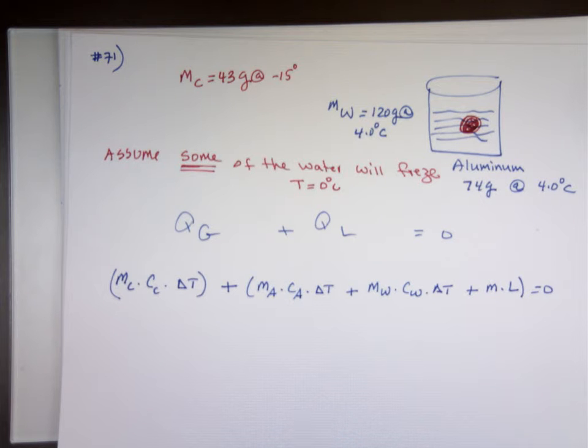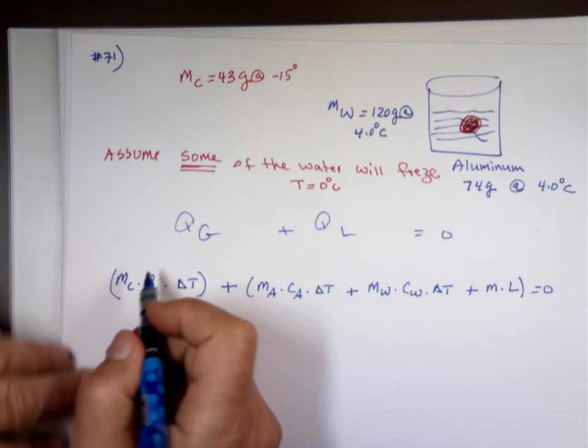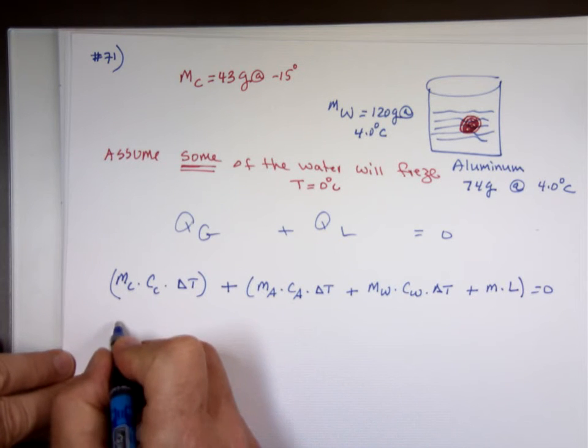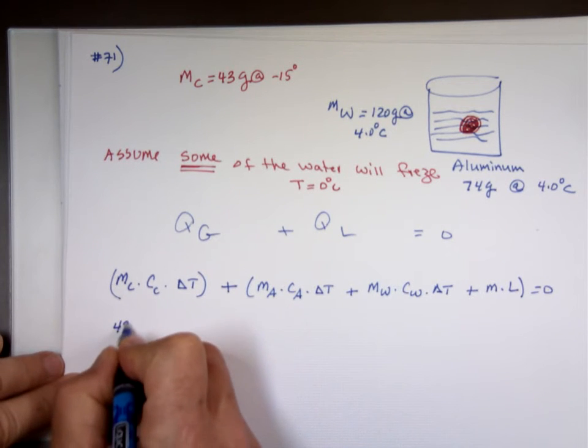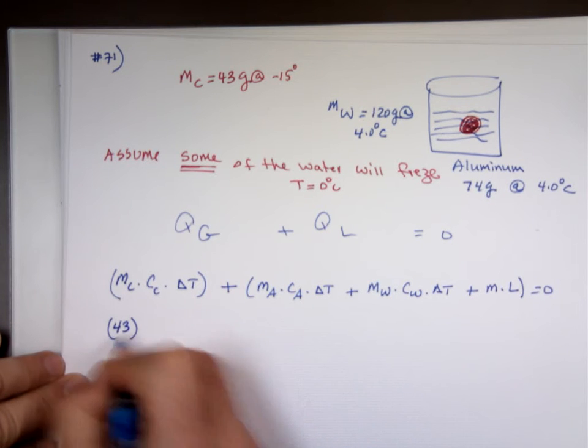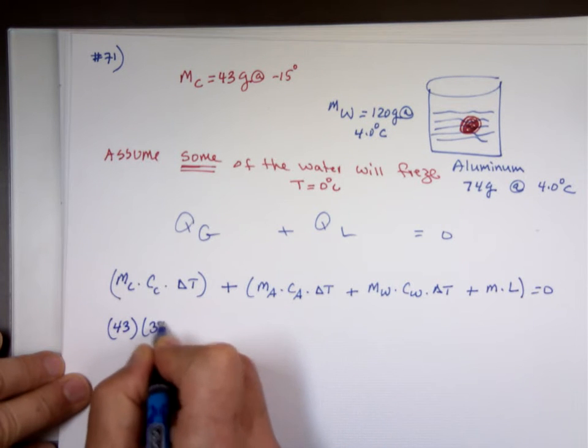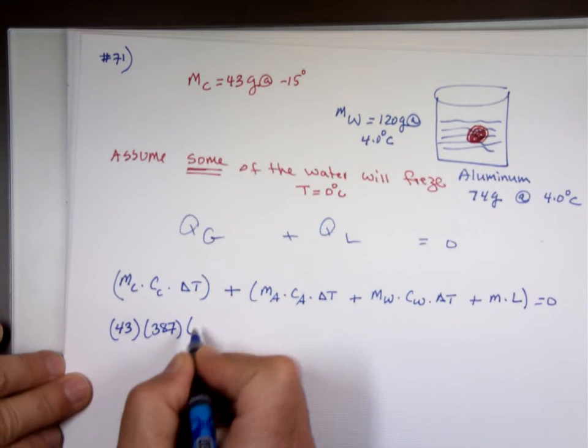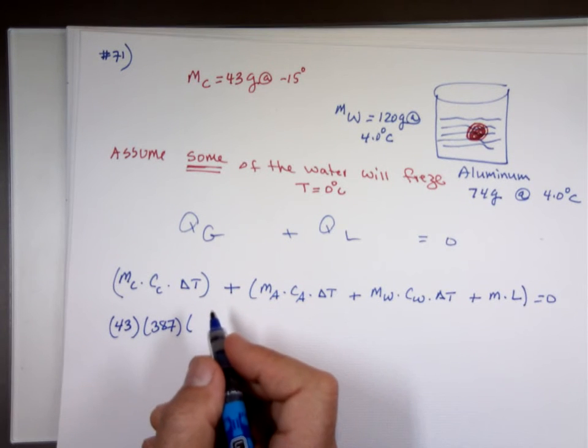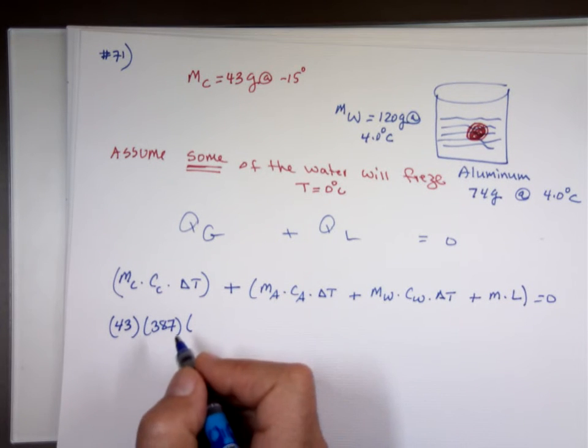Copper again. Specific heat for copper, 387. So the mass of the copper, I can leave them in grams, by the way, I'll be okay. Mathematically, I'll be okay. Final temperature minus the initial temperature. I'll make it 0.04.